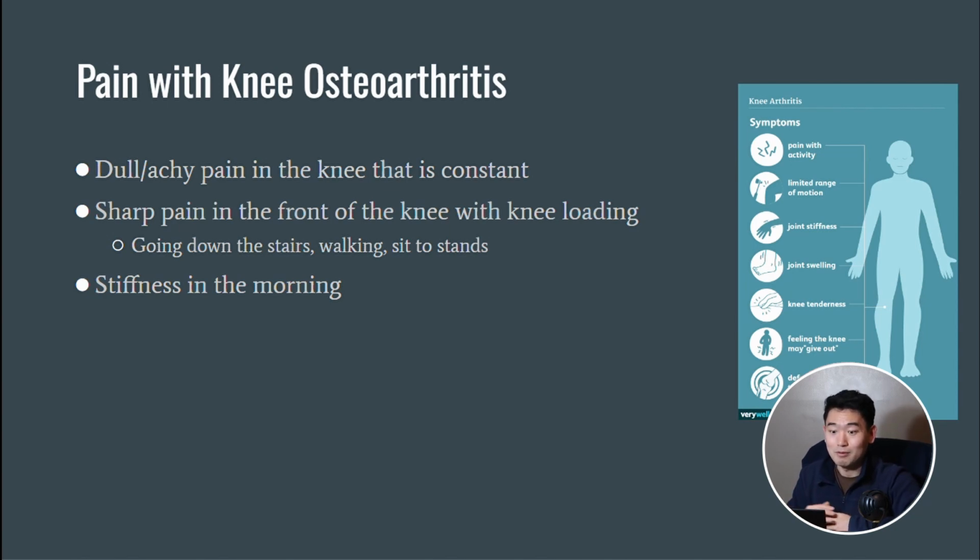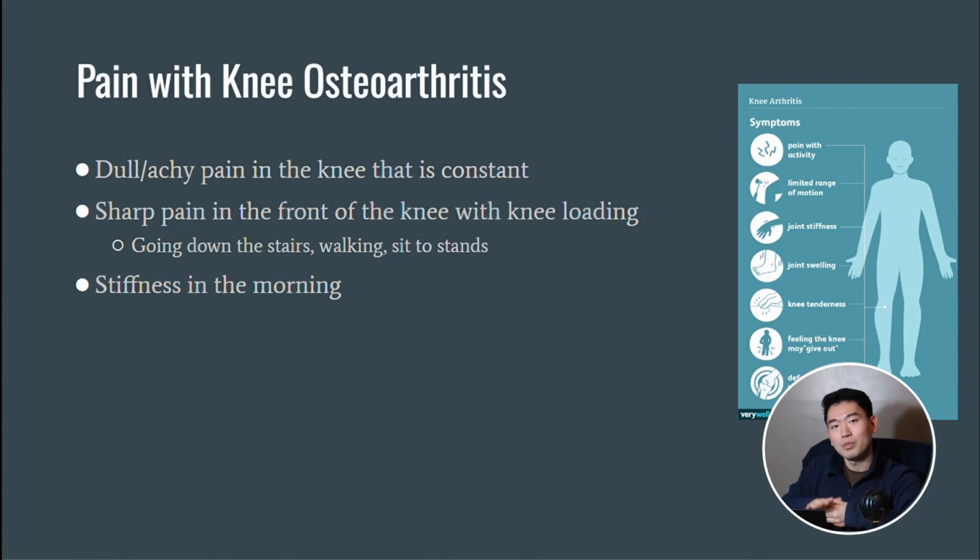So going on to the next slide here, I know that the pain that comes with osteoarthritis can be painful. These are some of the very common ways that the patients that I treat and I work with describe their pain. It's a dull, achy pain in the knee that is constant. It doesn't get relieved. It's also a sharp pain in the front of the knee when you're loading the knee, meaning when you're putting weight on that knee with activities like going down the stairs or walking, or when you're having to stand up after sitting down for a while.